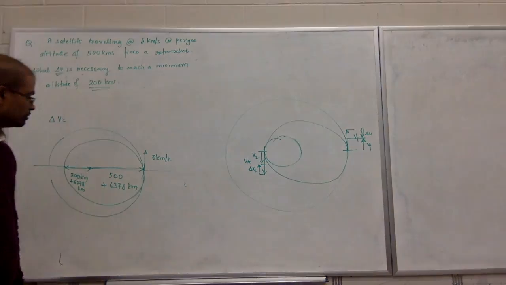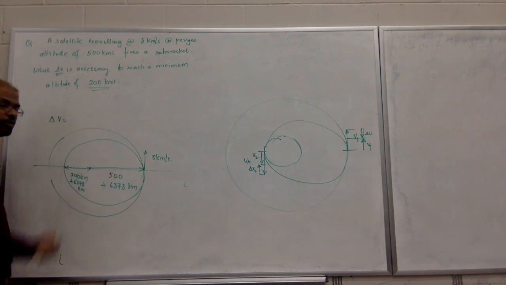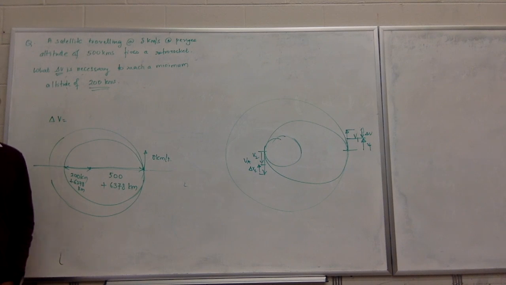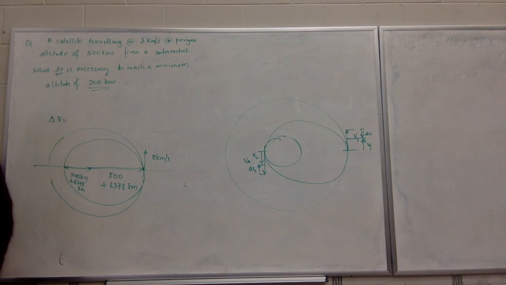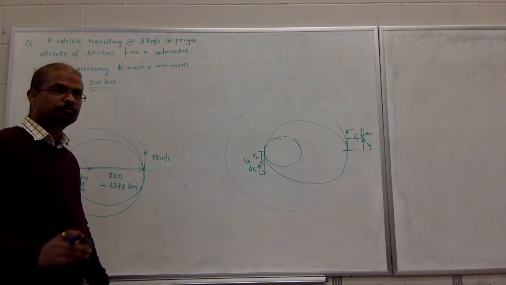So here, you can assume this is circular, but the transfer orbit is definitely not circular. How do you go about computing this? That's the question. Does this problem make sense?